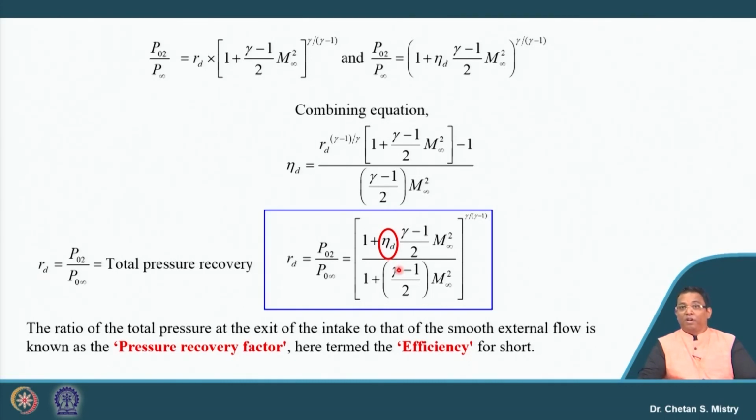So, different users, fabricators and designers use different approaches to define the efficiency or performance of the intake. If we look at the terminology of diffuser efficiency and total pressure recovery, everything is discussed in terms of free stream condition. We should not forget what is actually happening inside my intake.